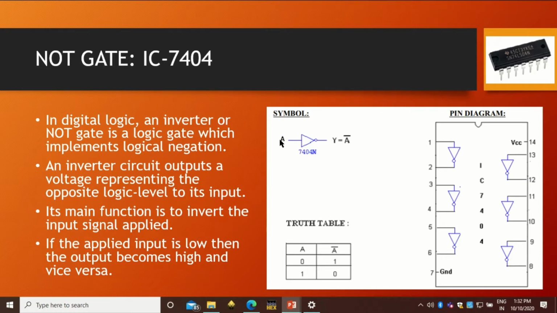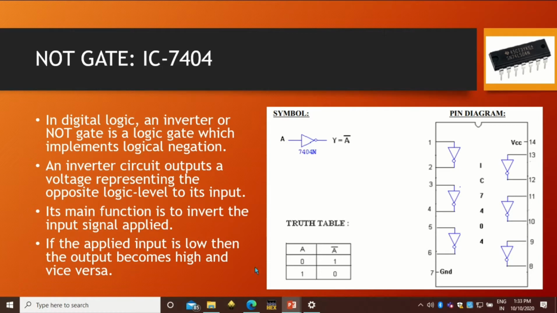If we provide A, it will convert it into A bar, that is negation. This is also called an inverter circuit because it inverts the voltage representation. If the voltage value 0 is sent, it will invert it to the voltage level 5. This is why it is also called the inverter circuit.